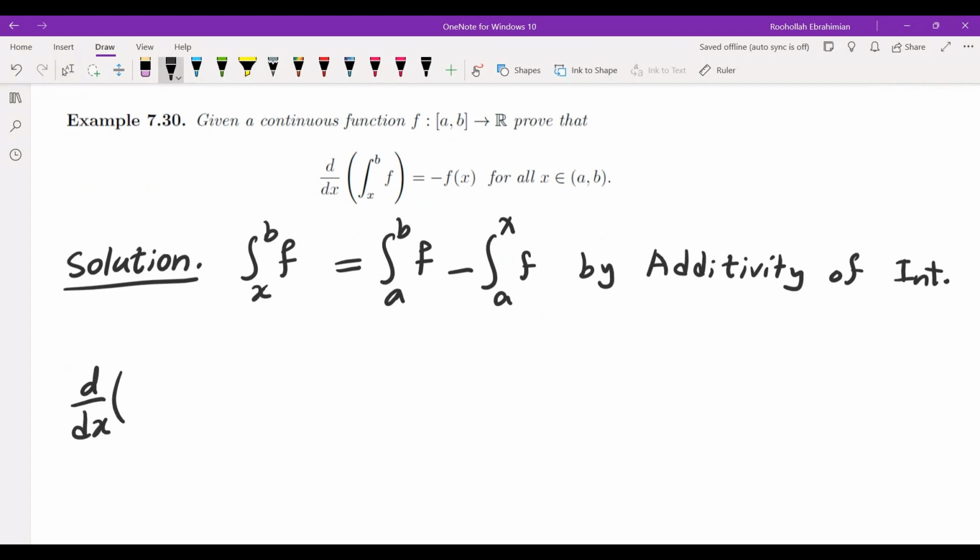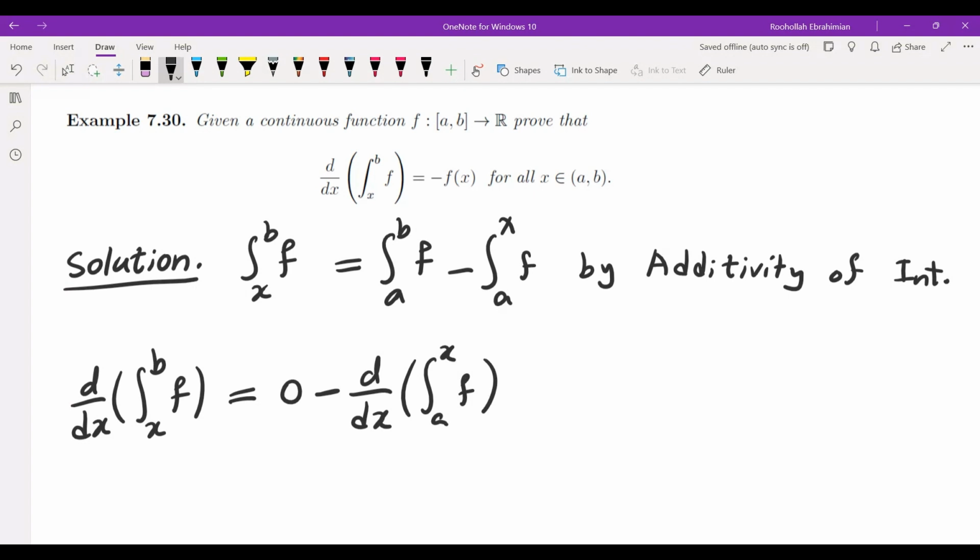The derivative of the integral from x to b is equal to the derivative of the integral from a to b, that's just 0. The negative can be taken out, and the derivative of this is exactly f of x. This is by the second fundamental theorem that we just proved. So therefore the derivative of the integral from x to b becomes negative f of x.